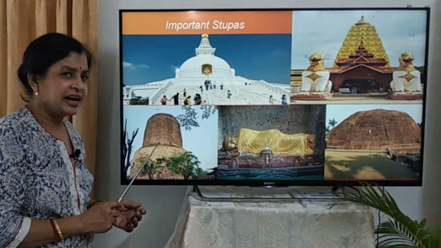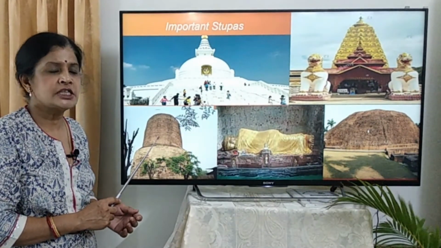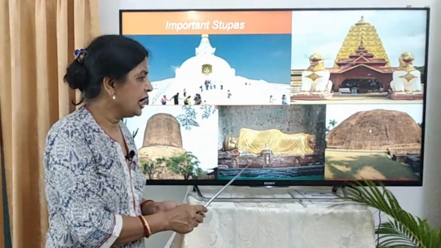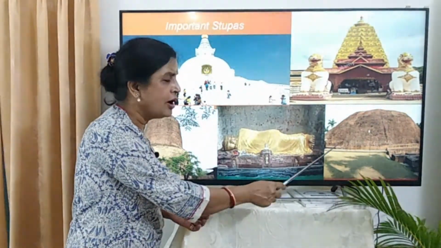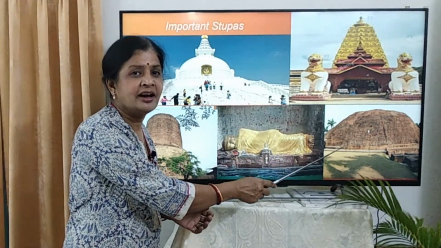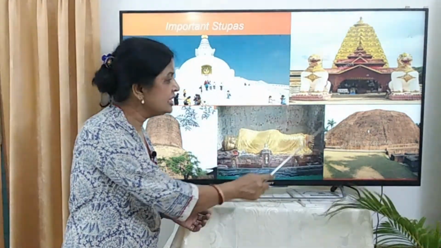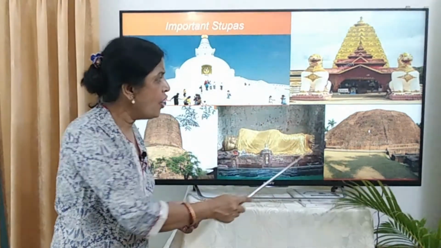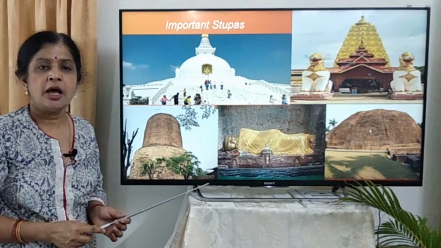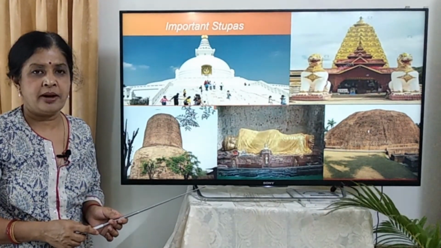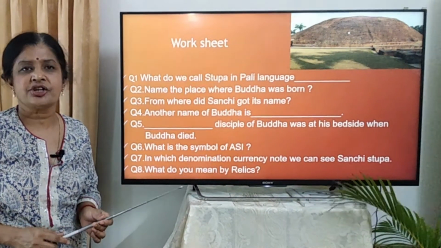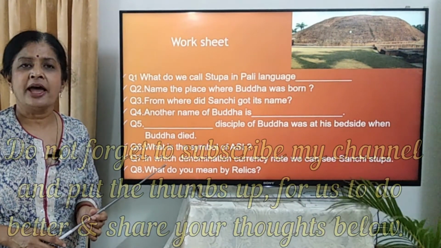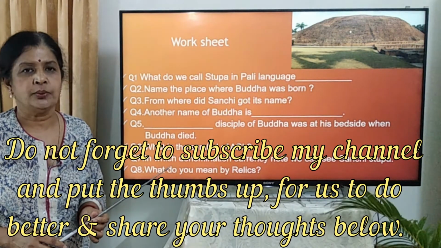This is Sarnath where he gave his first teachings, and when Buddha died, his relics were taken and made into a mound, and this place is Kusinagar where this mound is. All these places are visited by a large number of people every year. So these are destinations visited by tourists all over the world.